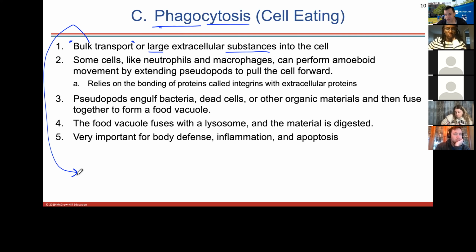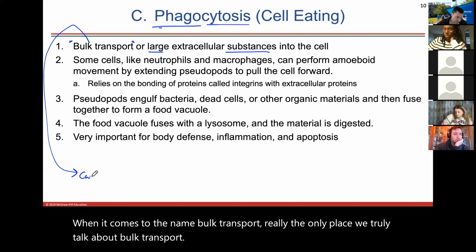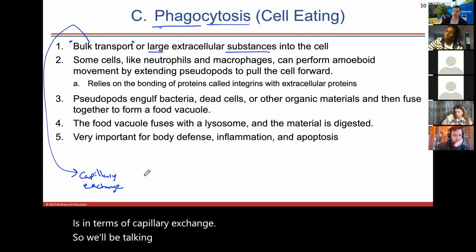It can also be referred to as bulk transport. And when it comes to the name bulk transport, really the only place we truly talk about bulk transport is in terms of capillary exchange. So we'll be talking about bulk transport in terms of the cardiovascular unit.